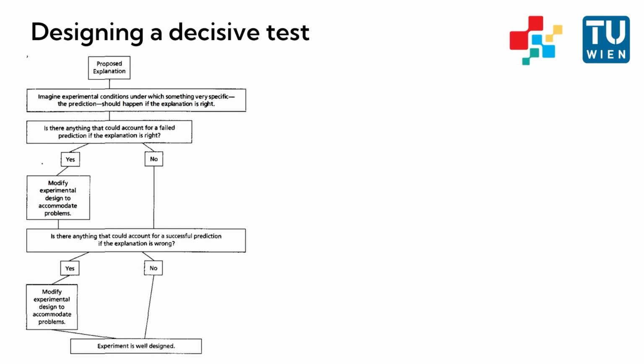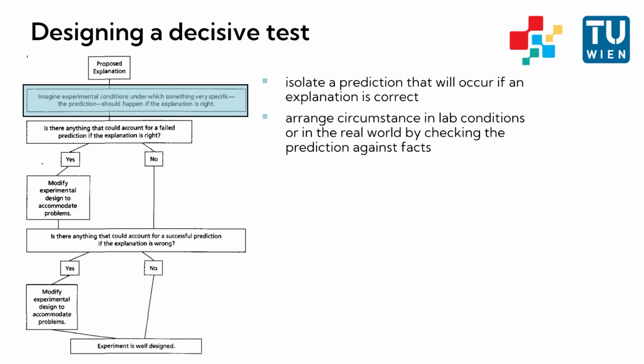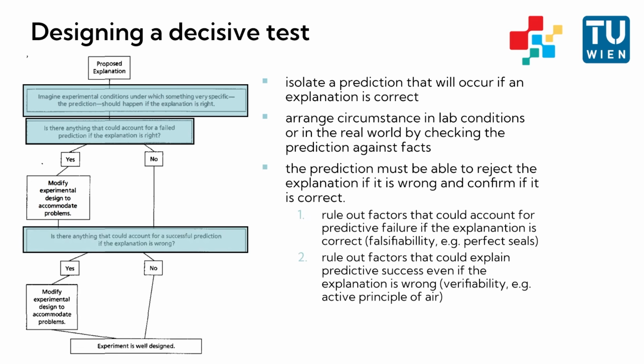More generally, a well-designed experiment isolates a prediction that will happen if an explanation is correct. This means arranging the right circumstances, either in controlled lab conditions like Redi's fly jars, or in the real world, such as studying historical data under different conditions. Once the setup is in place, we compare the prediction to the actual facts. The prediction must be capable of rejecting the explanation if it's wrong and confirming it if it's correct.